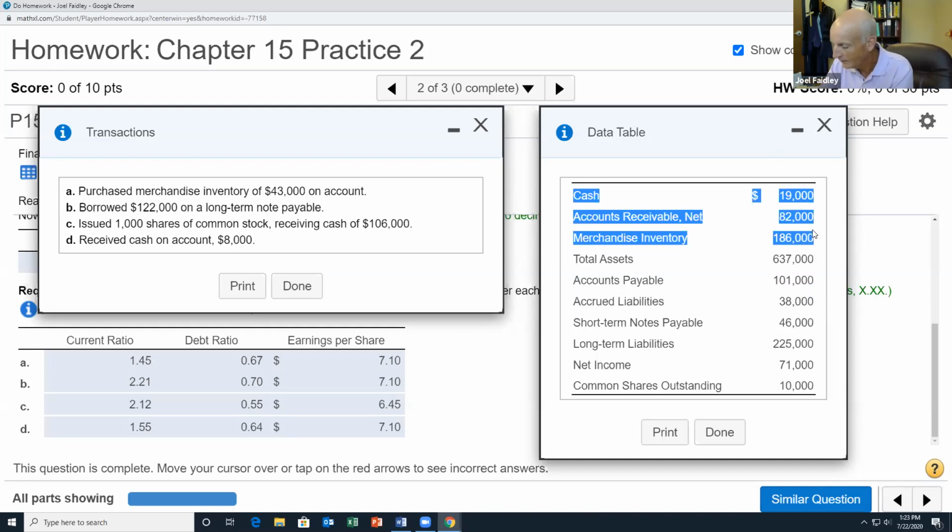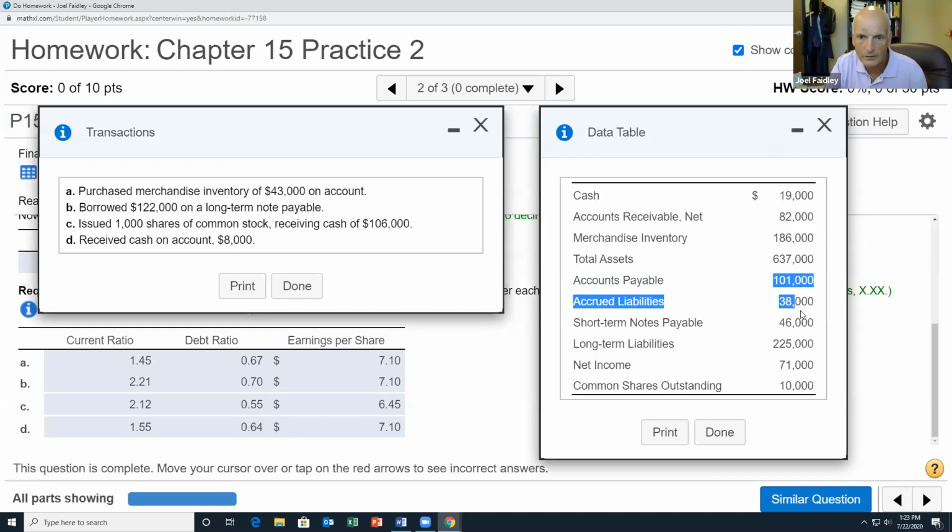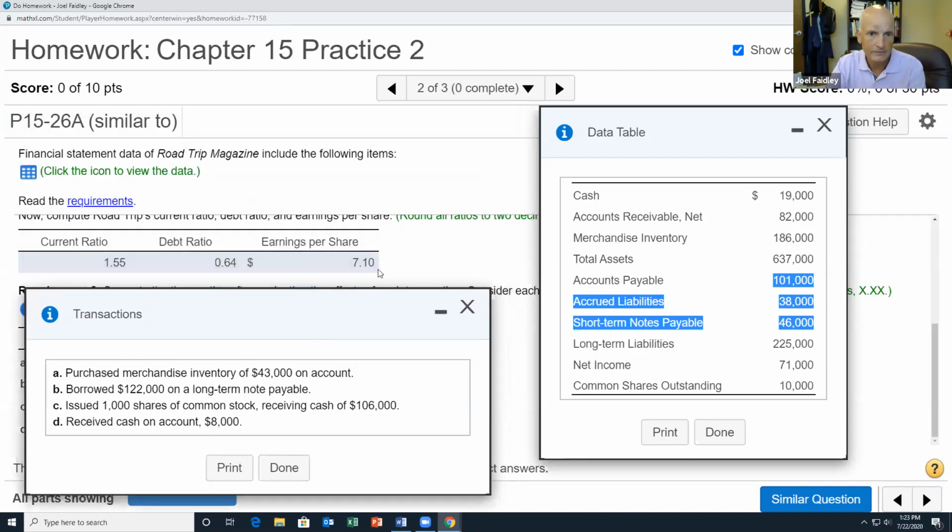So that is 287,000. Then my current liabilities are 101, 38, and 46. So that's 139 plus 46,000. So my current liabilities are 185. So 287 divided by 185 is 1.55, and that's what we have there, right? They gave that to you.